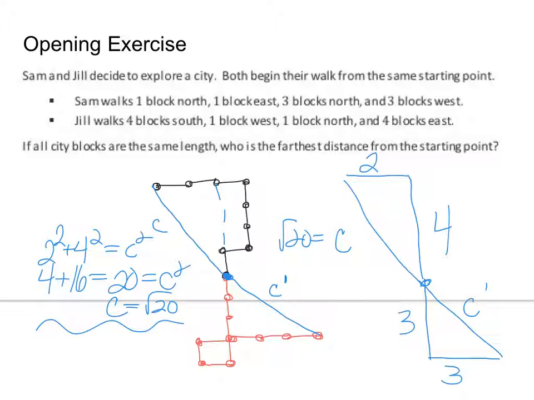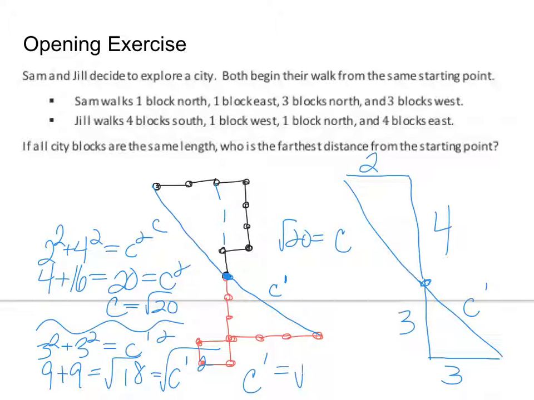Talk about Jill. I have 3 squared plus 3 squared equals C prime squared. That is not C to the 12th. 9 plus 9 equals 18. C prime squared. Square root of both sides. C prime equals the square root of 18.